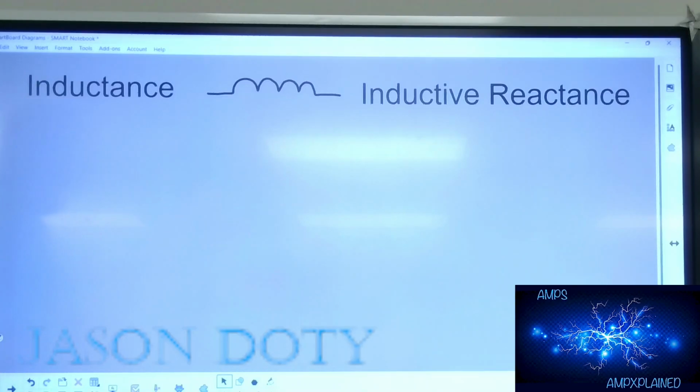So first, let's take a look at our inductance formula.